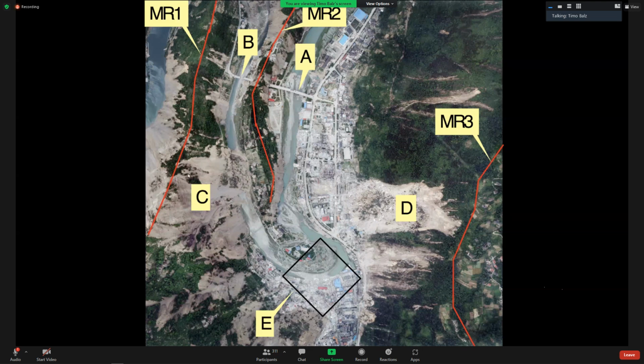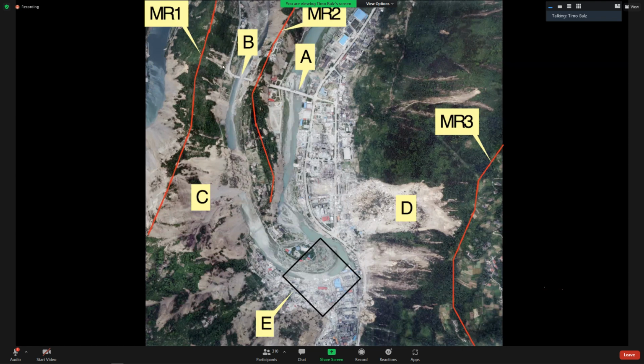We have area C, that's the landslide that comes down here. We have area D, that's another landslide that came down here in the town, a very destructive one. We have then area E, which has also been destroyed by a landslide coming down here. And we have MR, which is Mountain Ridge 1, Mountain Ridge 2, and Mountain Ridge 3, which are basically the ridges of the mountain.